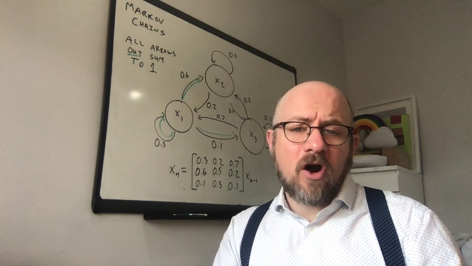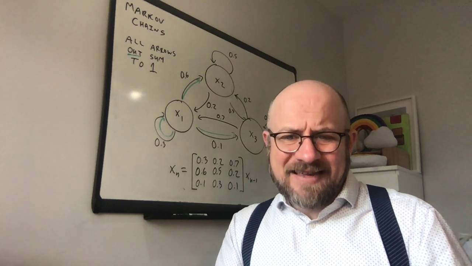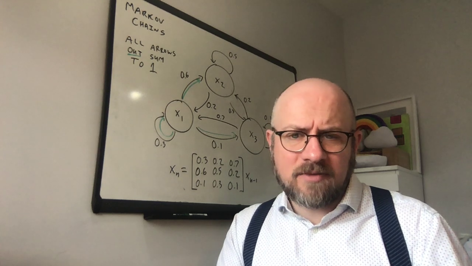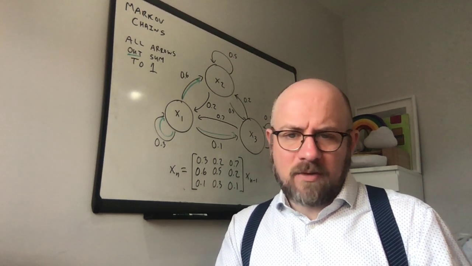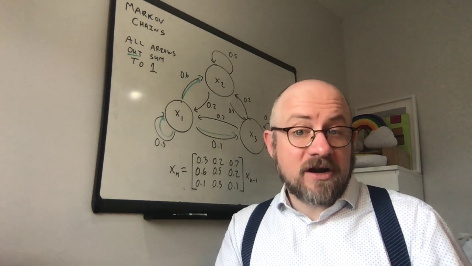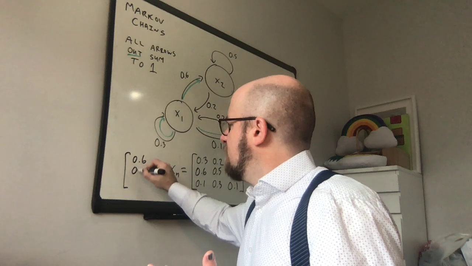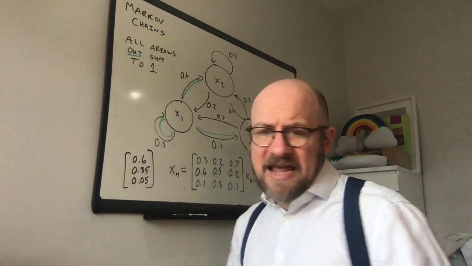And so you might start with, for example, 60% are Democratic, 35% are Republican, and 5% are independent, right? And so you would have some sort of 0.6, 0.35, 0.05 would be your state.